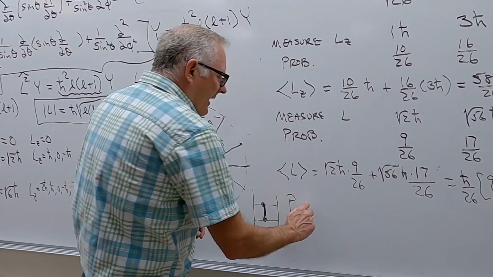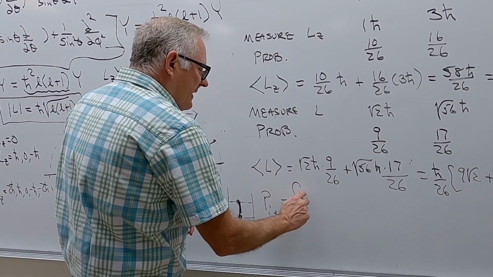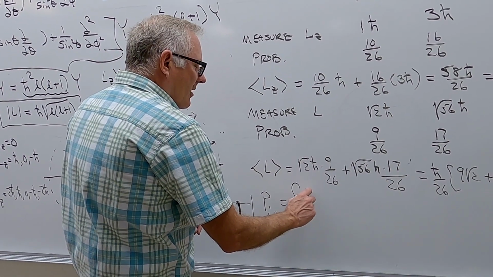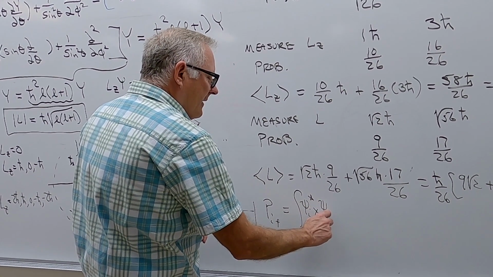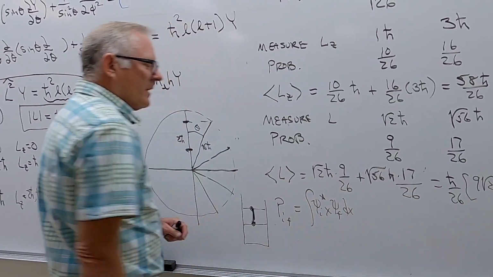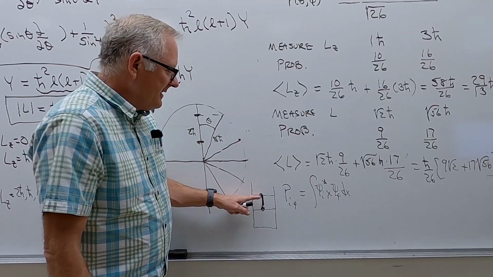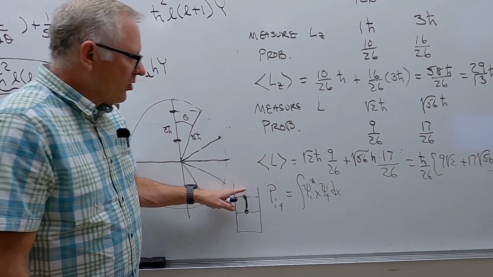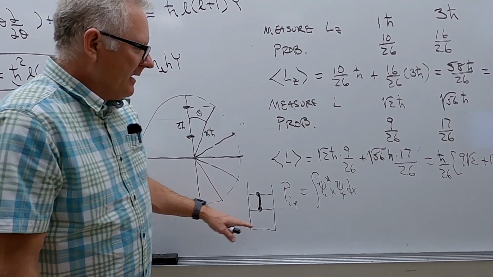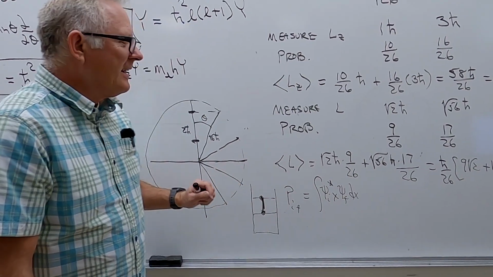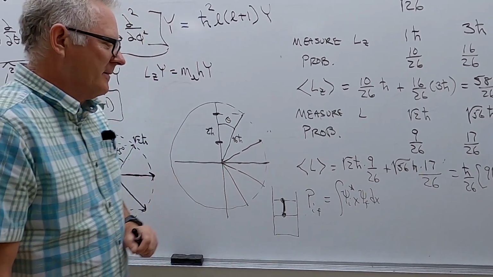I think we defined it as the integral of the initial state star x final state, dx. If this number was big, then this could happen, and the bigger it is, the quicker it happens. If this was ever 0, we had selection rules, and it could never happen.